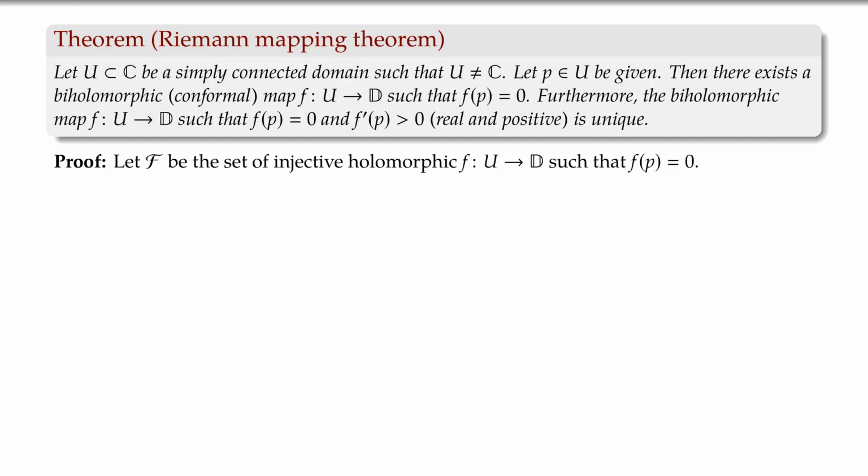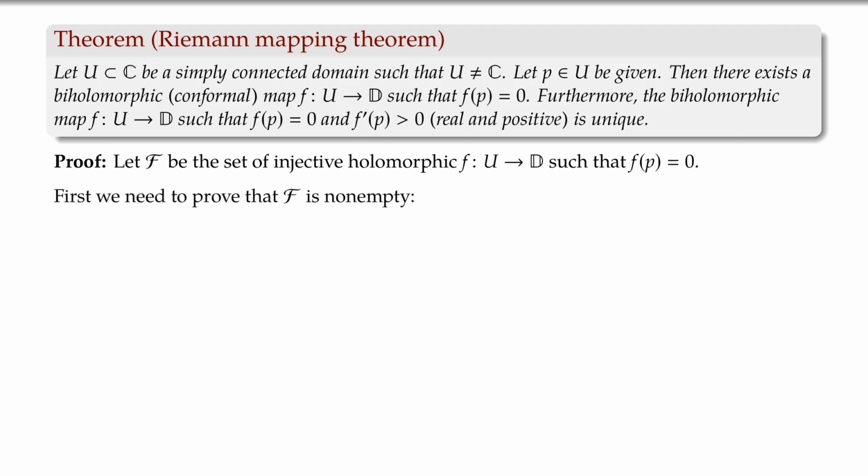We're going to prove that if a map in F is not onto, then we can find one with a larger derivative at P. So if we're looking at the maximizer, and Montel gives us that the maximizer exists, then we have our map. It has to be onto.